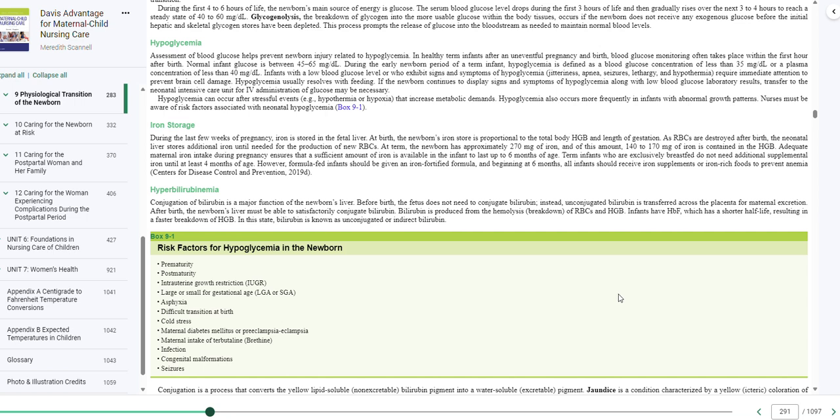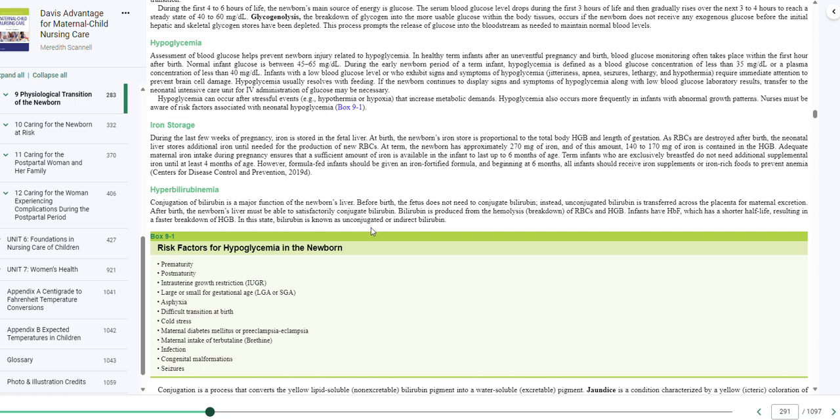Hyperbilirubinemia. This is huge when we're taking care of newborns, okay, for all the different reasons. And we've talked about some of them with the blood factors causing that, the IgGs and IgAs and IgMs.